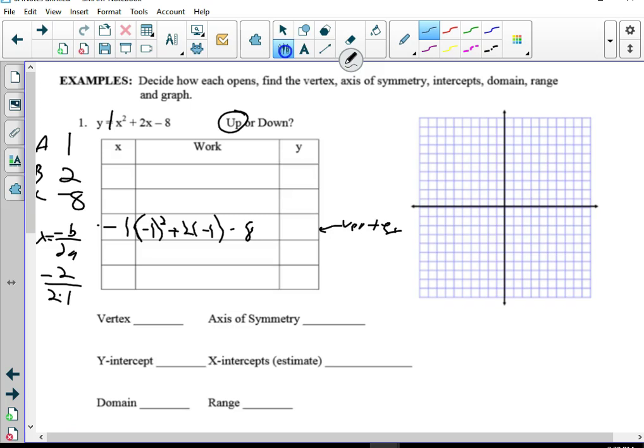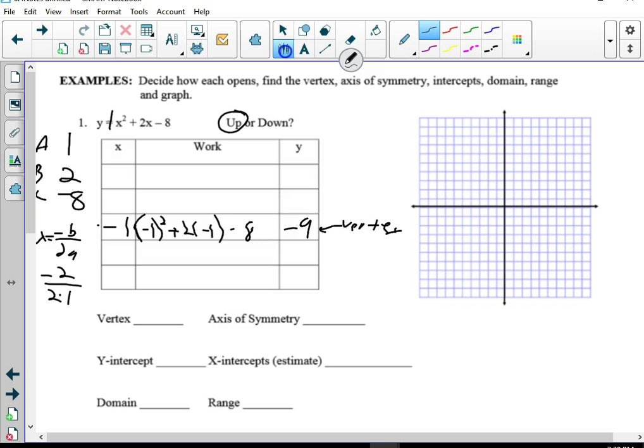Positive 1. A negative times negative is positive. So that's 1. What's 2 times negative 1? Negative 2. What's 1 minus 2? Negative 1. And what's negative 1 minus 8? Negative 9.